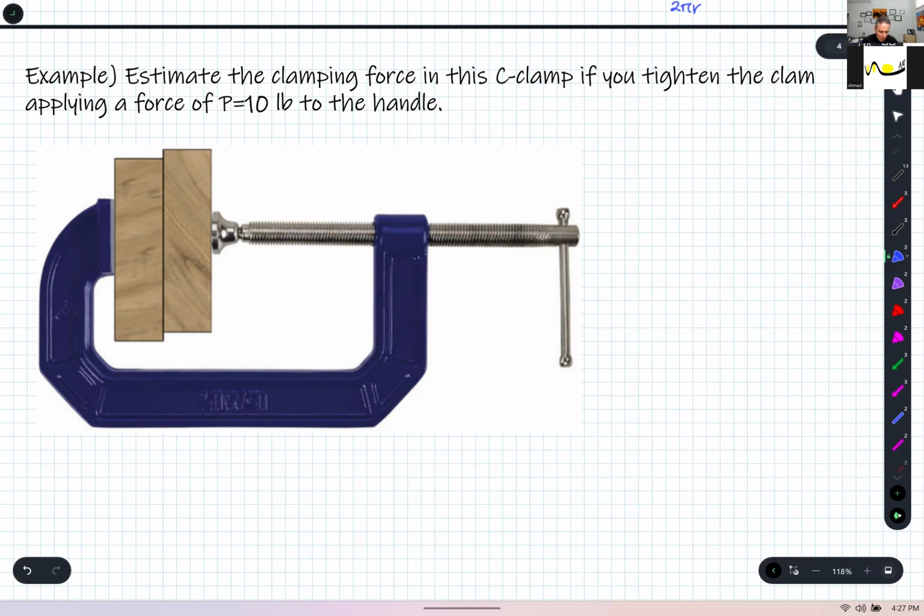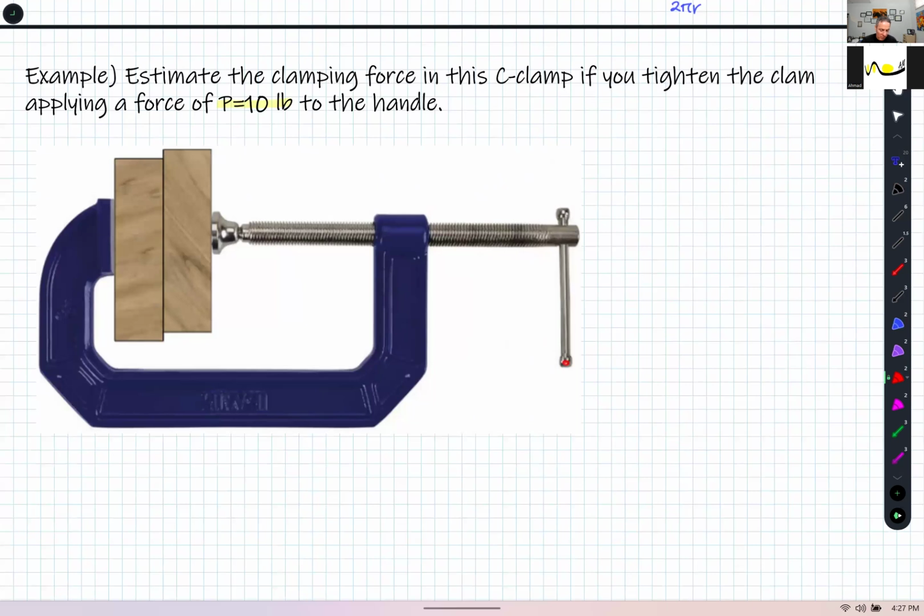What I wish to know is, if I apply a 10-pound load to the handle at this point, how much force are we creating, compressing these boxes together there. So that's what we wish to answer.